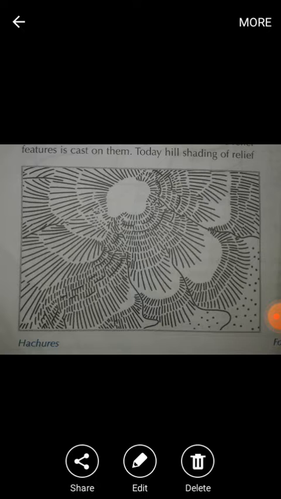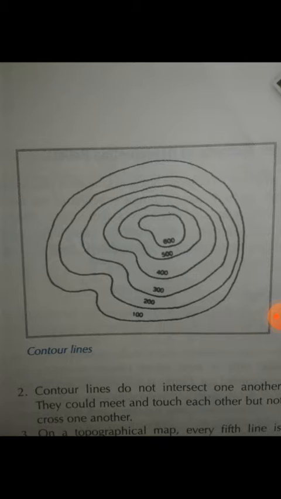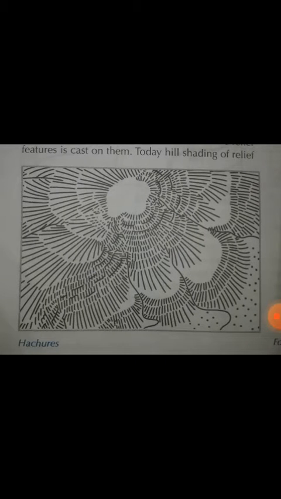These are short lines that represent the steepness of the slope. They are drawn in the direction of the slope. So these hachures tell us the direction of the slope. Same as contour lines, there are some differences in these relief features.